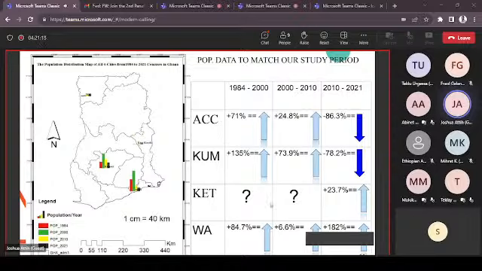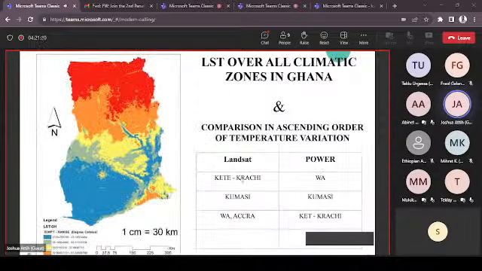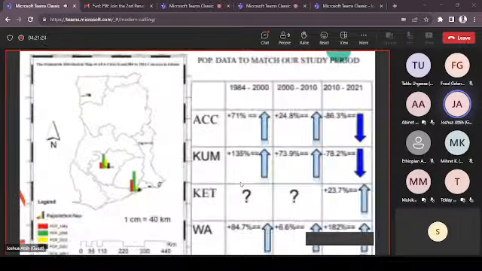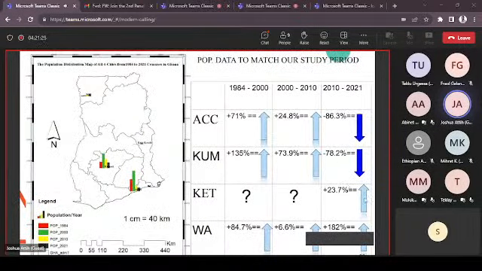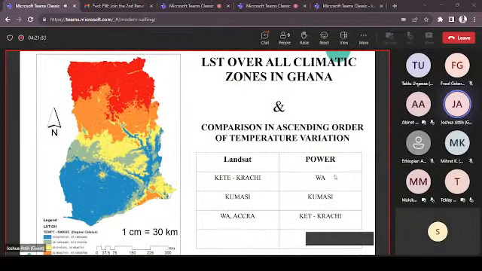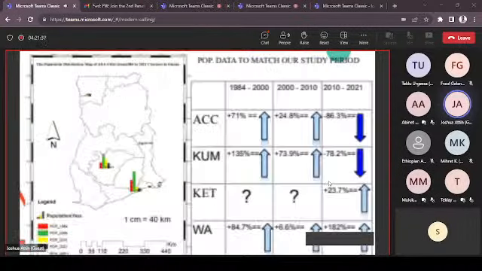Meanwhile, Ketekrachi, which was the least warm city, is experiencing high population growth, which is not correlated, and while experiencing high population growth, it is actually not experiencing any temperature changes, which is also not true.